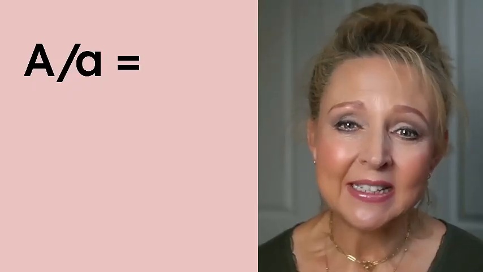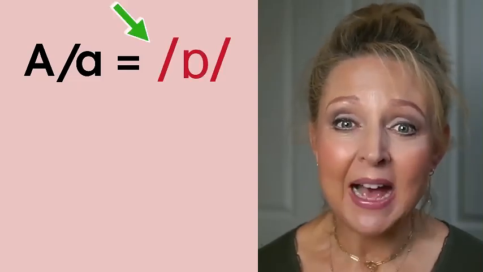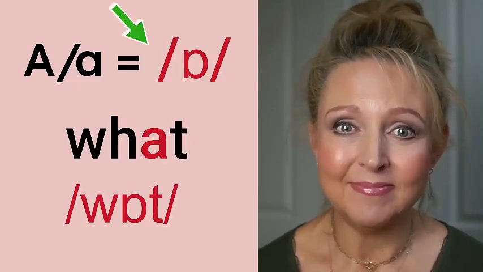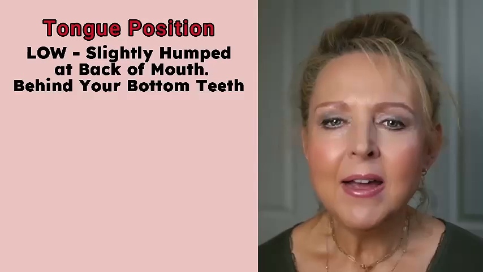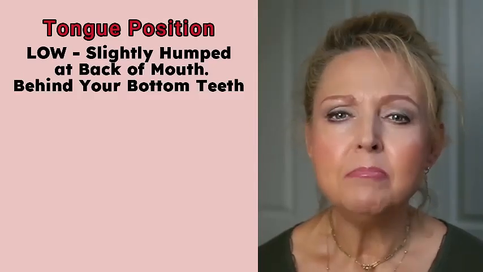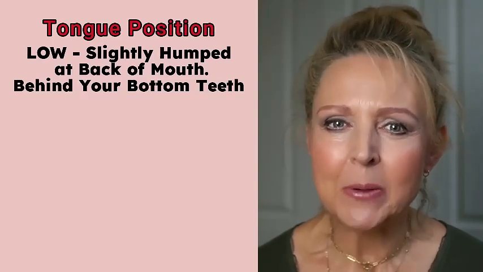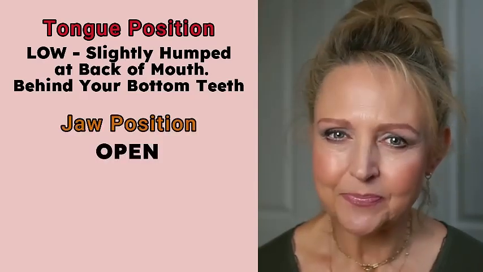The next way that the letter A is pronounced is the O sound, as in the word what. So, sound first. O. I want you to pull the back of your tongue to the back of your mouth, making a small hump, keeping the tongue tip low behind the bottom teeth.